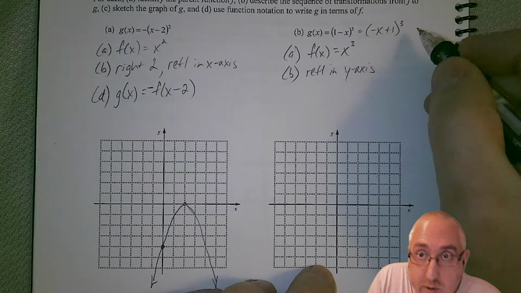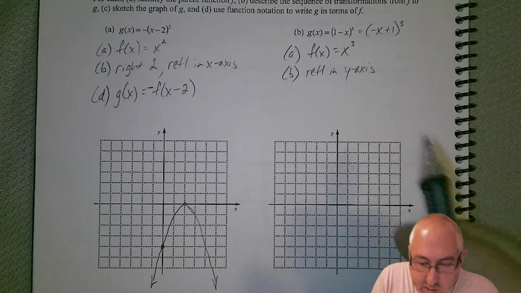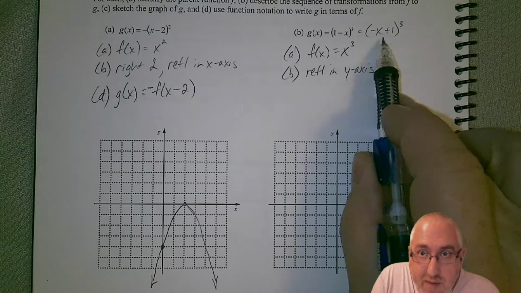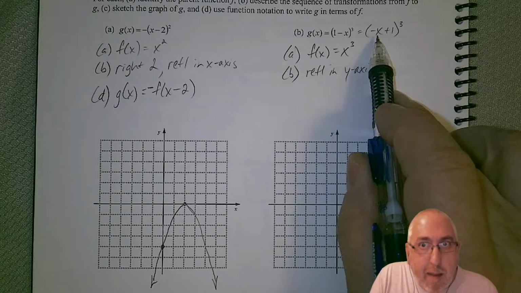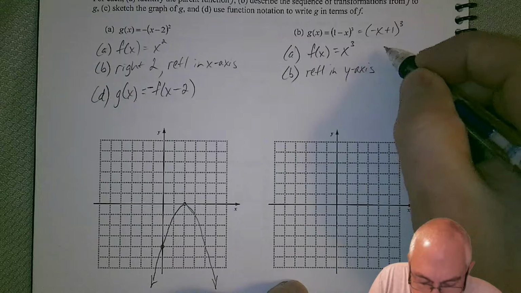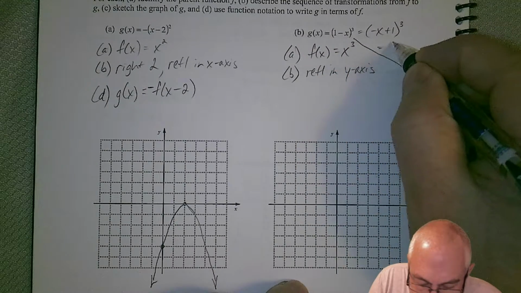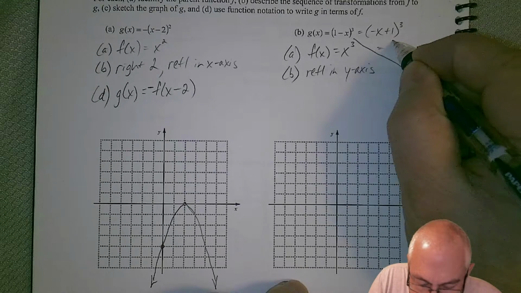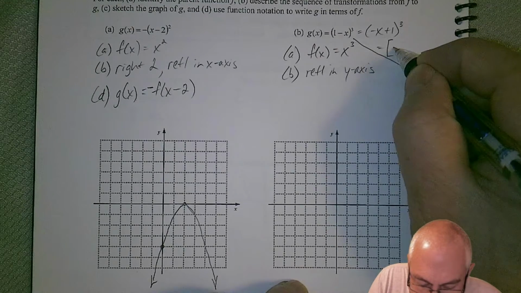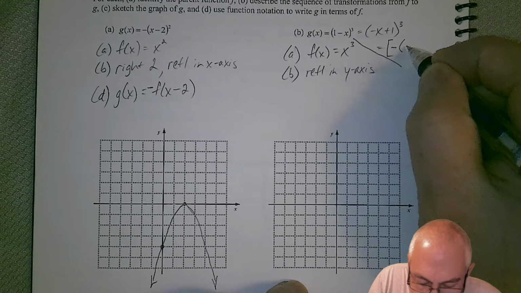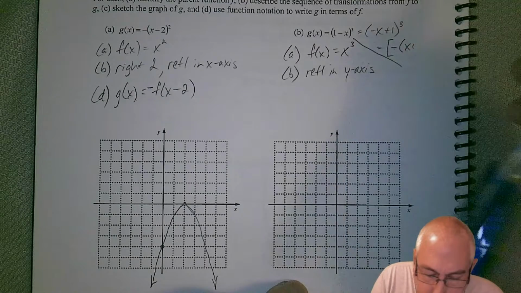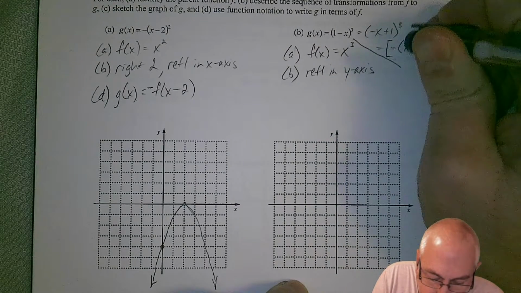And what you would have to do to get it properly, because that positive 1 is affecting negative x, not positive x, is go one more step. We want to almost use a square bracket and then a minus and factor out that negative sign.